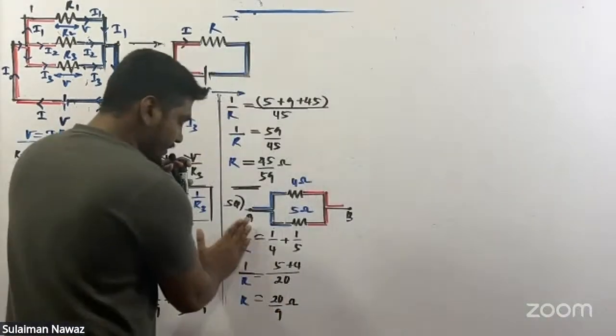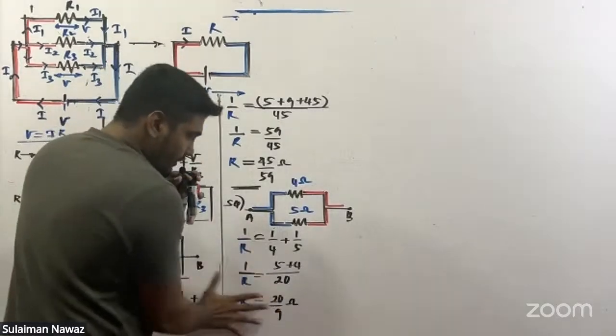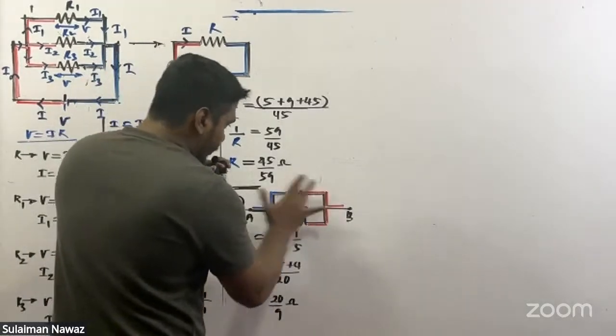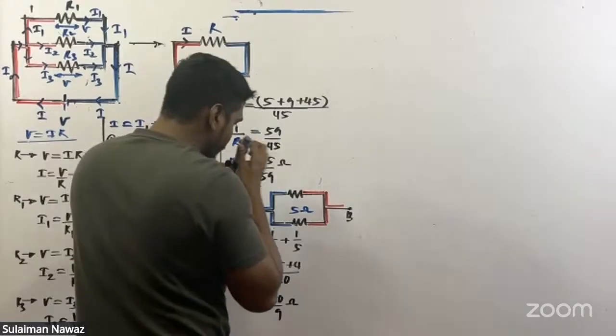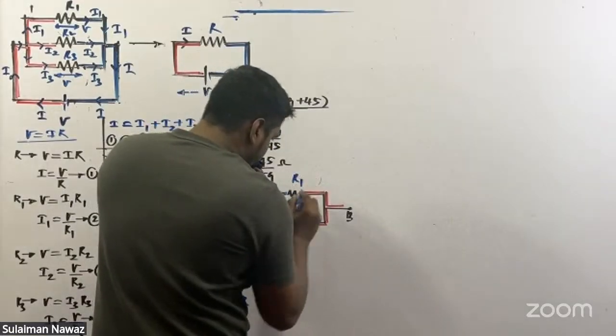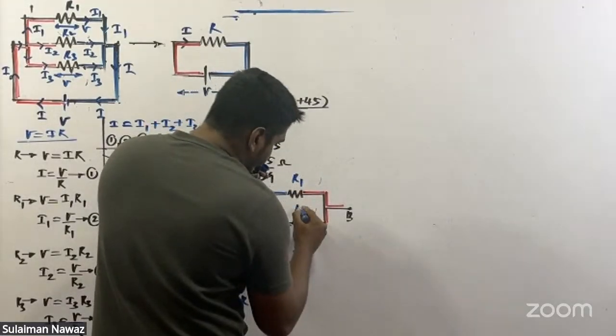So I think you finished writing this one. Now I erase this one. Let's say this resistance is R1, and this resistance is R2.